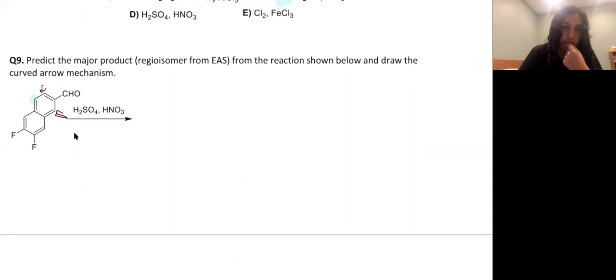Oh, I didn't know he did that. I thought it would be on the meta position because the aldehyde is a meta director and it's also next to this R group, which is an ortho director. So this R group directs here. This aldehyde also directs there. So I thought that would be the answer.